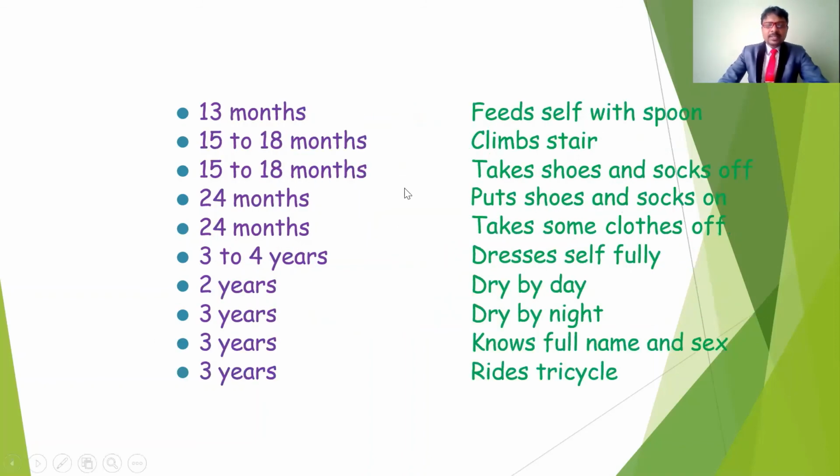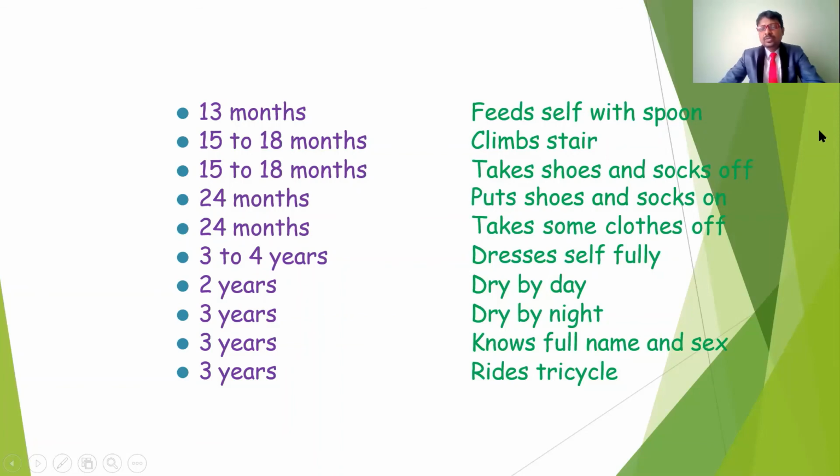Coming to the other milestone developments, at the 13th month, the baby feeds self with a spoon. So the baby is going to try to feed without support, with a spoon. At 15 to 18 months, the baby climbs stairs. At 15 to 18 months, the baby takes the shoes and also socks off.